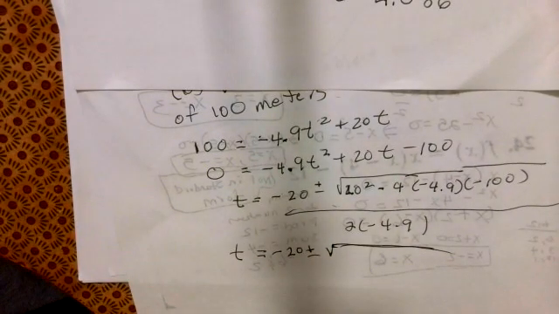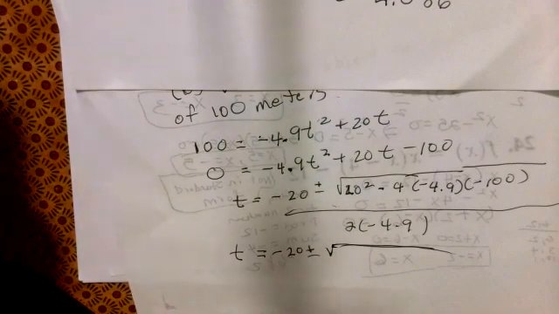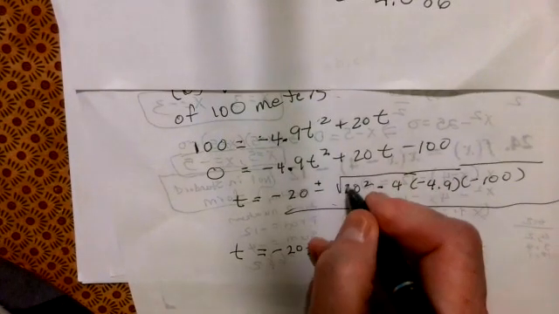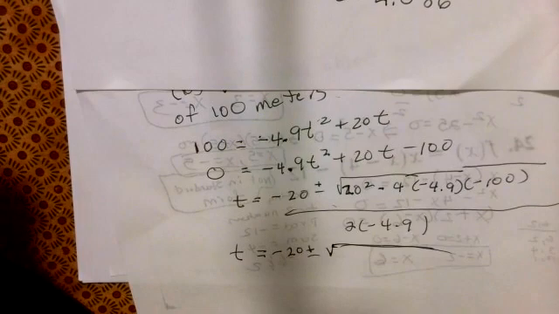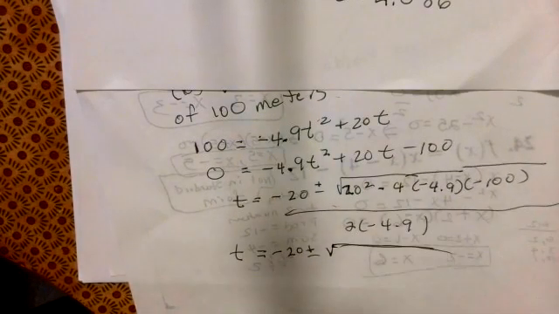I'm going to go 20 squared, and I could have just looked at this discriminant without writing all this out. And then it's going to be minus 4 times 4.9. Or actually, I should put a square root there.